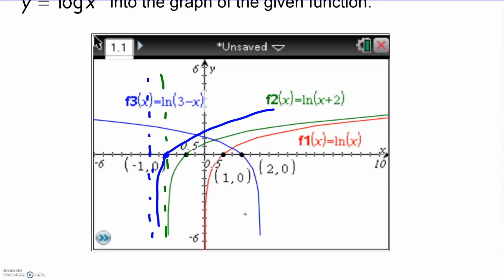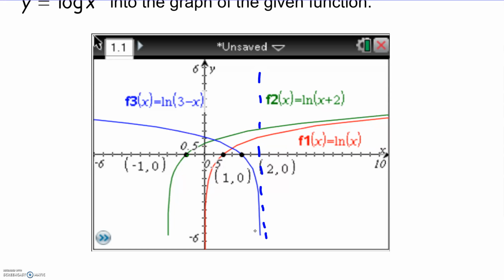Its asymptote is going to be at x equals 3, like so. This point is this 2, 0 that you see here.